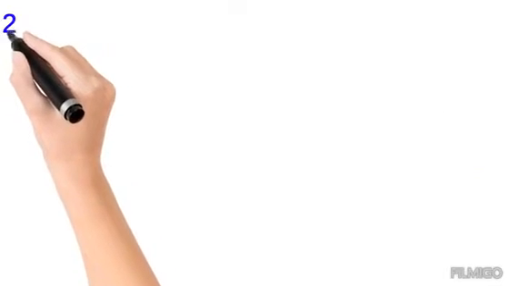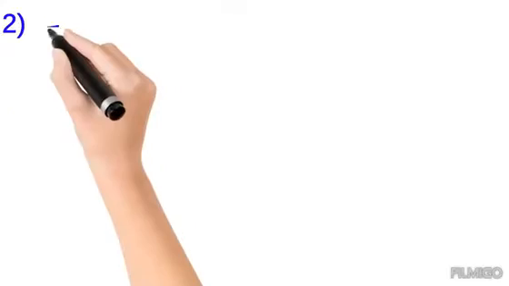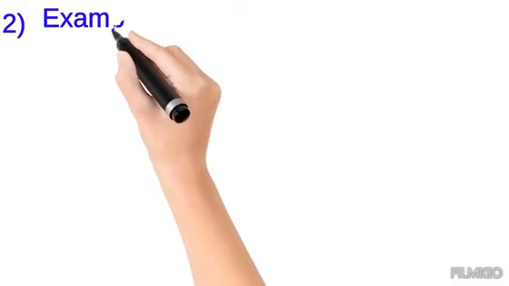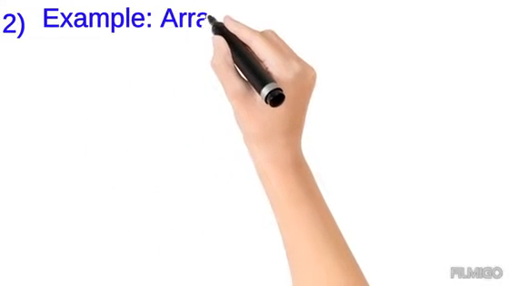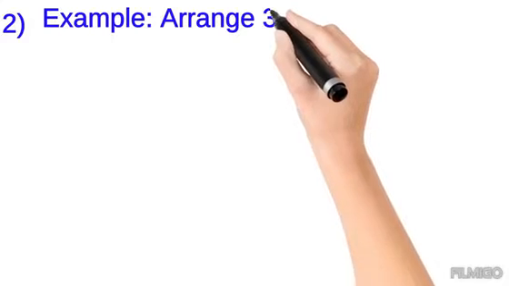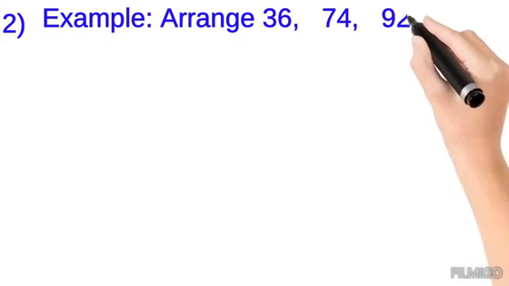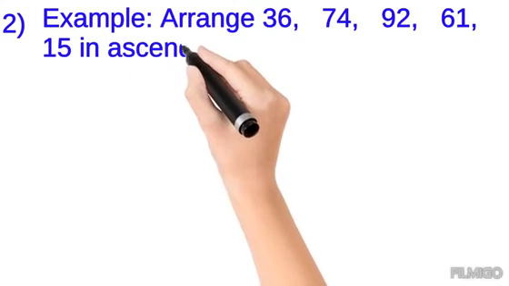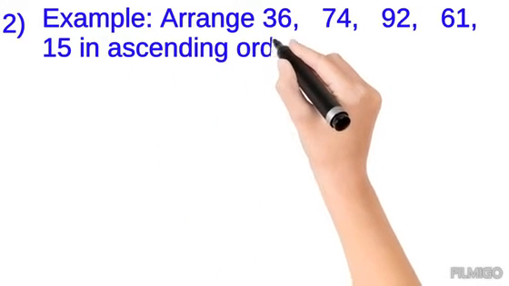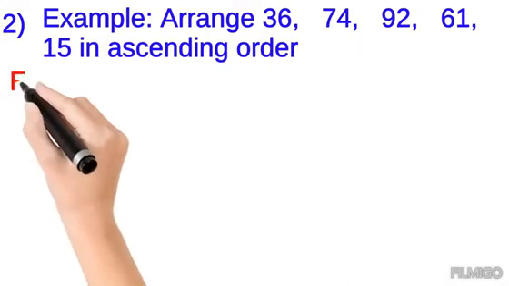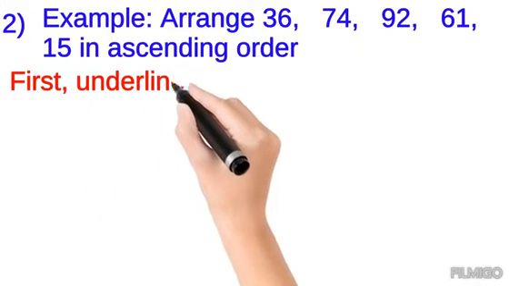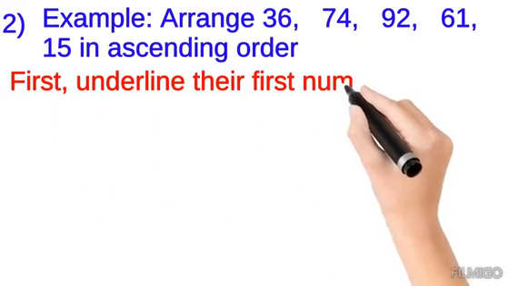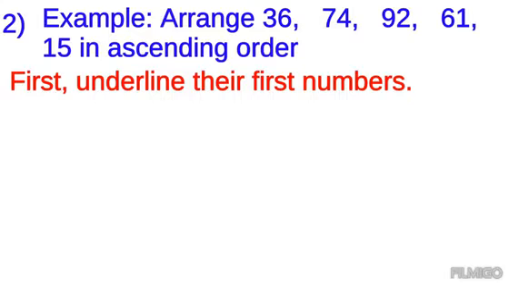Let's look at the next example. Arrange 36, 74, 92, 61, and 15 in ascending order. First, remember, underline their first numbers.